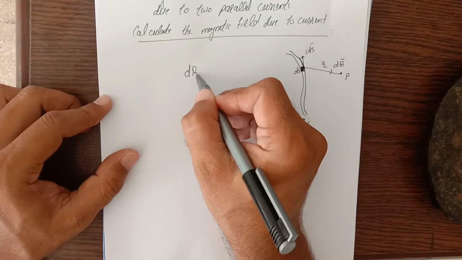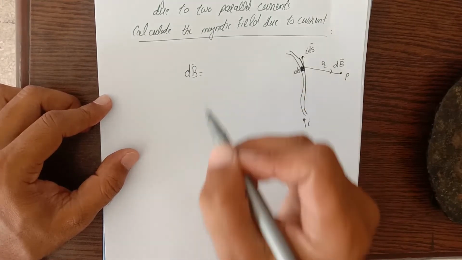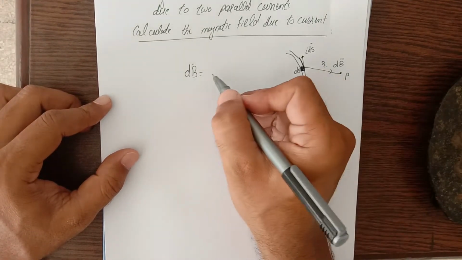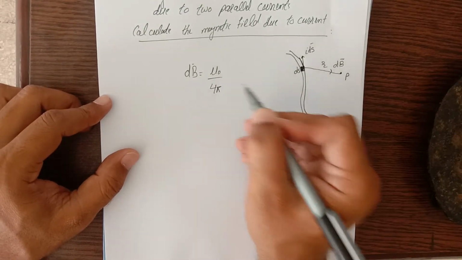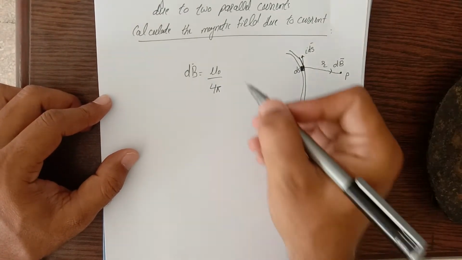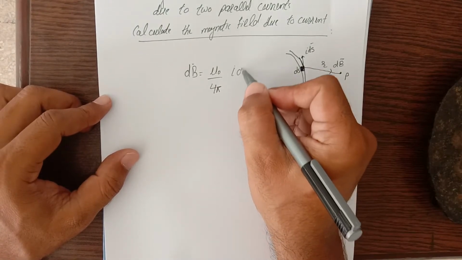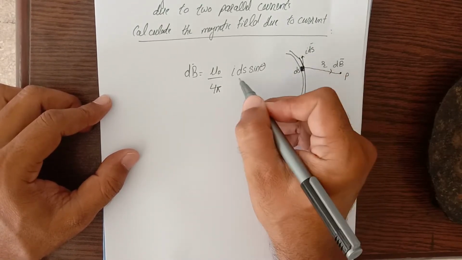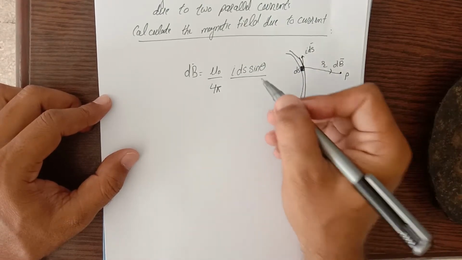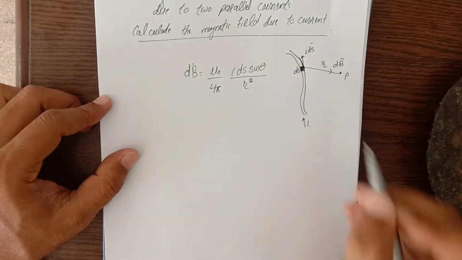Now, this amount of magnetic field dB is given as mu naught over 4 pi, these are constants, I ds sine theta over r square.